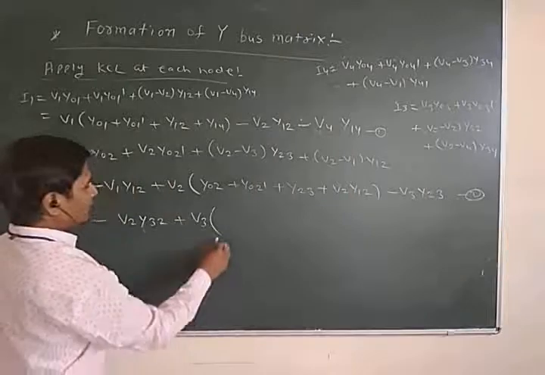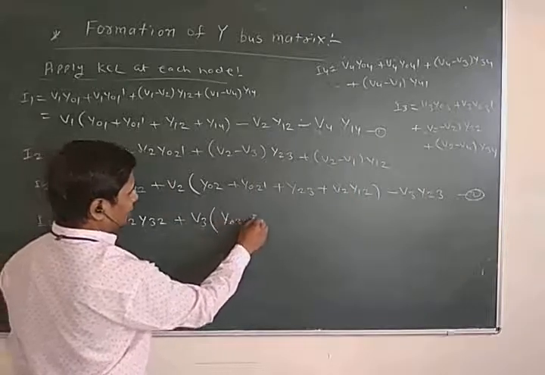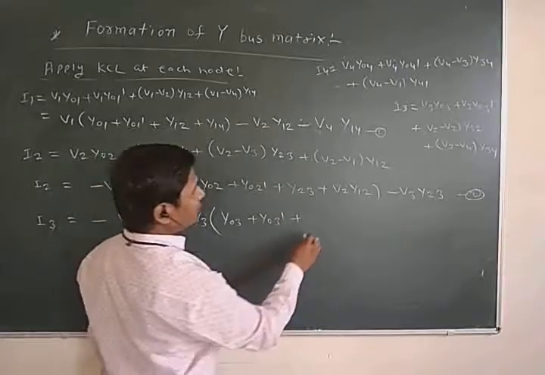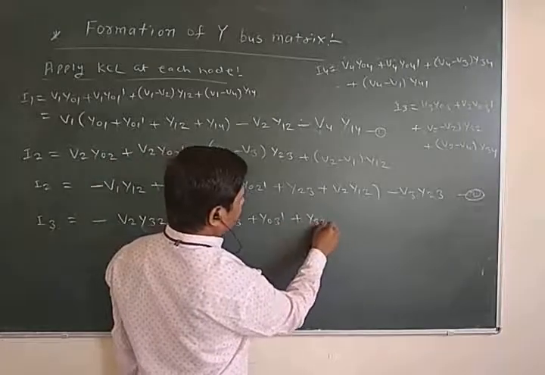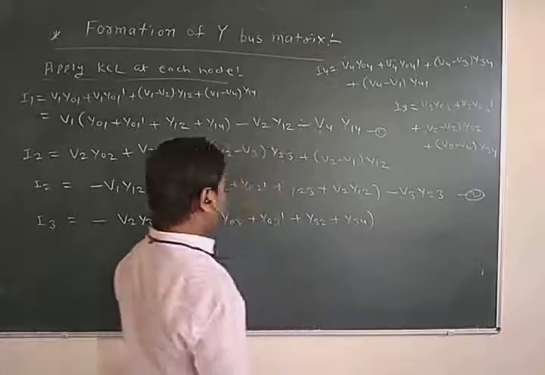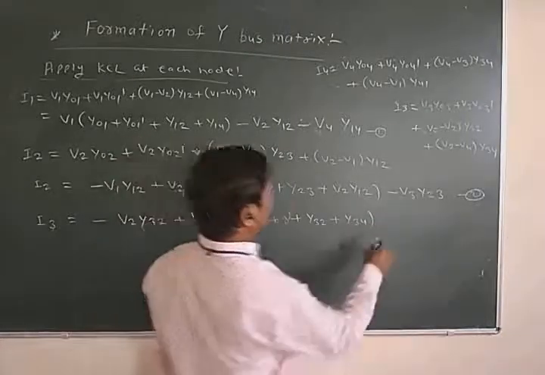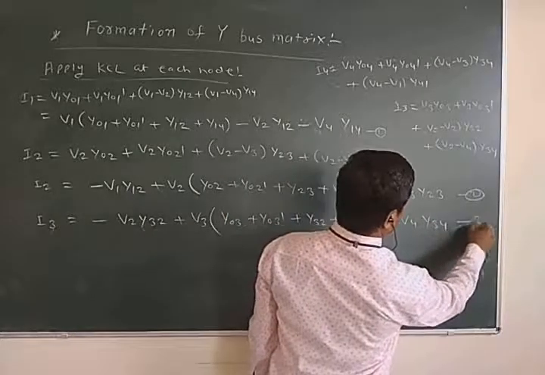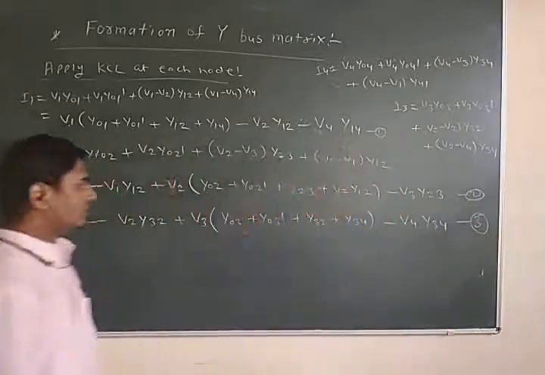So we write y03 plus y03 dash plus y32 plus y34, and next is minus v4 y34. Equation number 3.